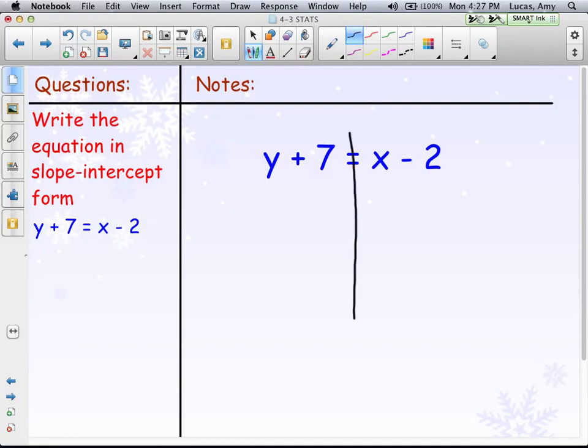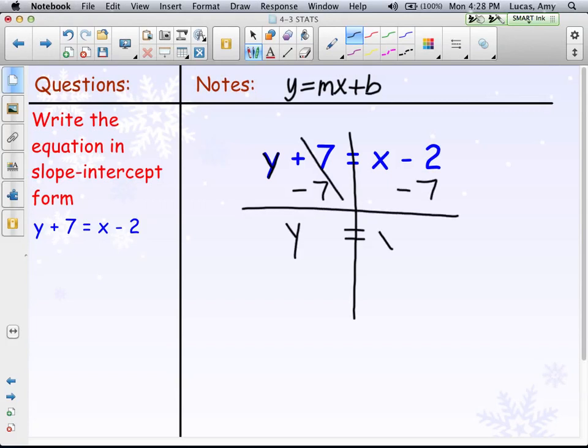So to get this in slope-intercept form, my answer has to be solved for y, because slope-intercept, of course, is y equals mx plus b. So my y is almost by itself on the left-hand side. It just has a +7 with it, so I need to subtract that 7 on both sides.